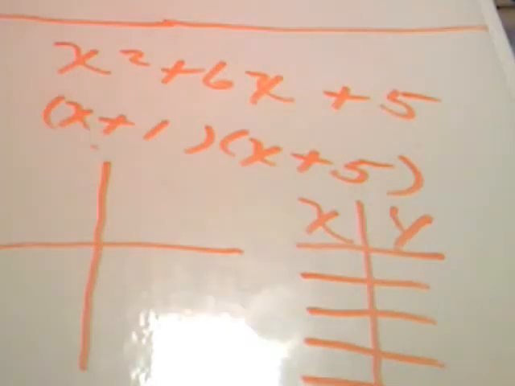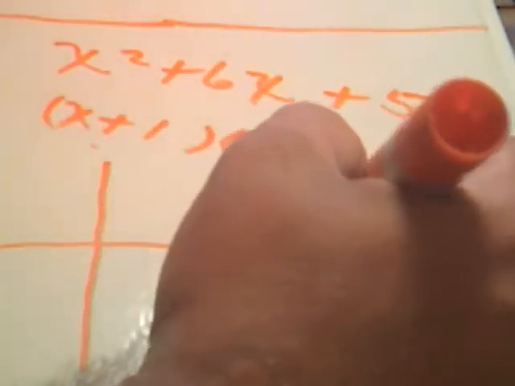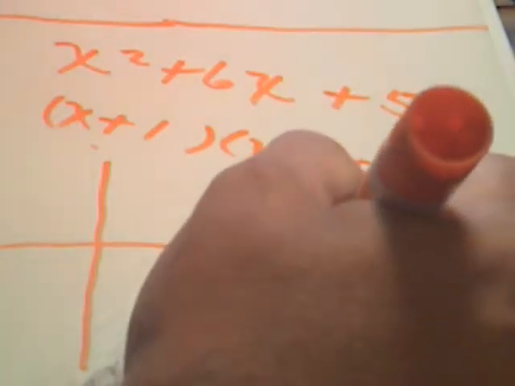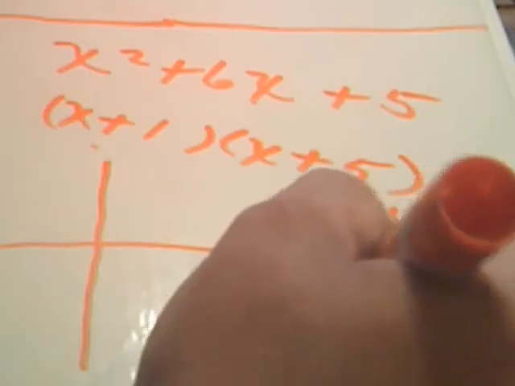Let's do 4 anyway to start with. And we know that one of the x terms is -1, correct? So let's start right here with -1.